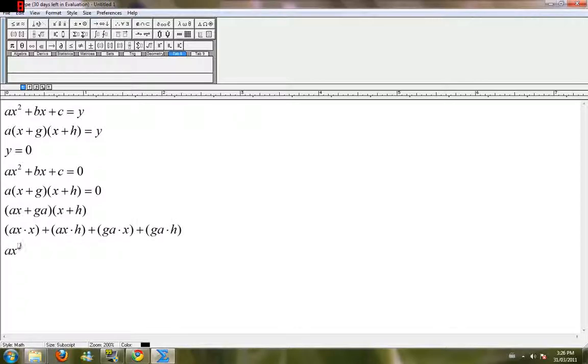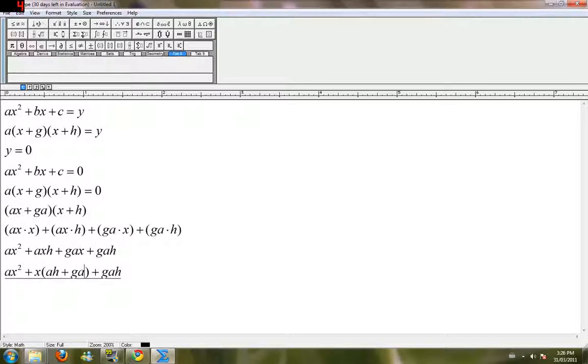So we go one step further and we have ax squared plus axh plus gax plus gah. Over here we see we have a common factor between these two, which is x. So we can go ahead and say that ax squared plus x times h plus ga plus gah.